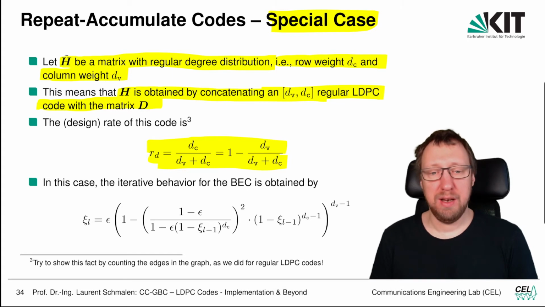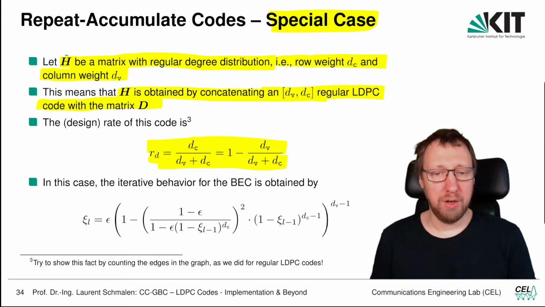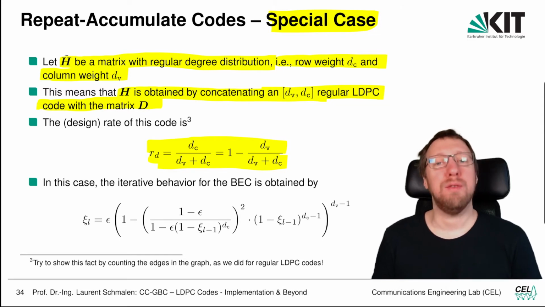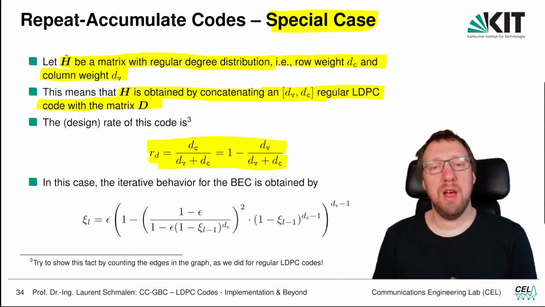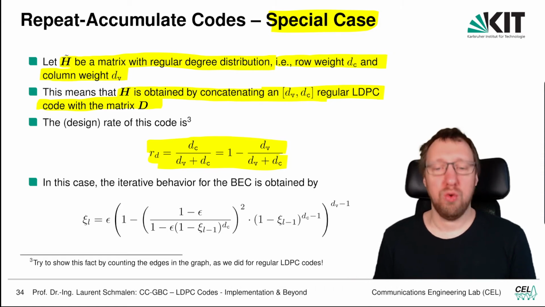This will actually be the design rate. And the iterative behavior is given by the expression that we see here, which is just the simplification of the expression from the previous page by inserting lambda tilde, rho tilde, and R tilde.